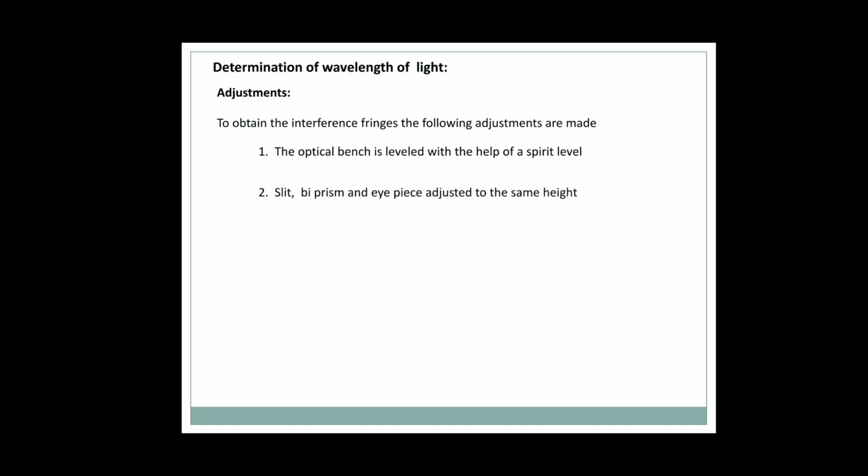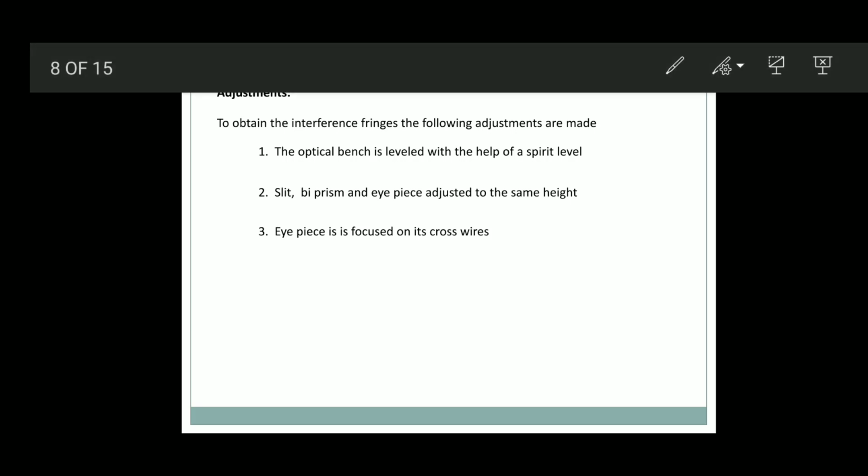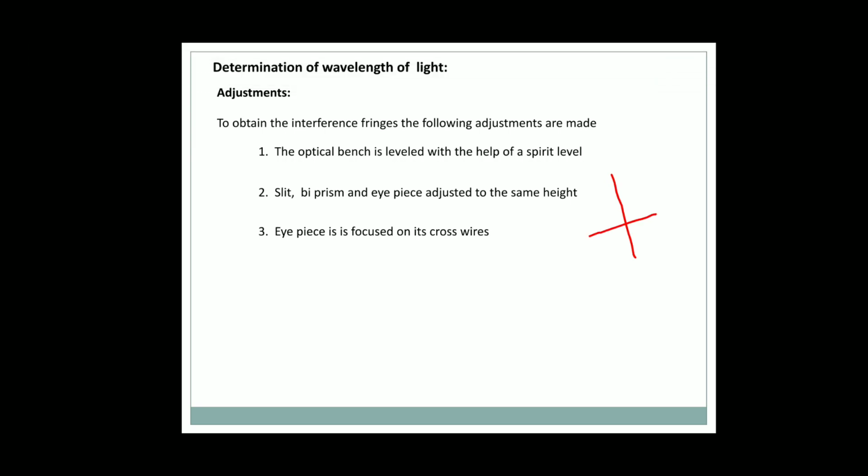The second is that the slit, biprism and eyepiece are adjusted to the same height, so that when observing through the eyepiece we can see the bright and dark fringes clearly. The third is that the eyepiece is focused on its crosswires, which are used to measure the fringe width beta.